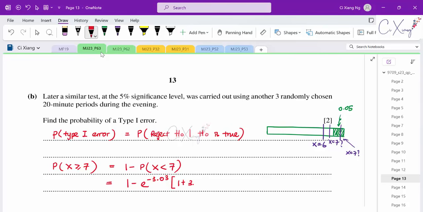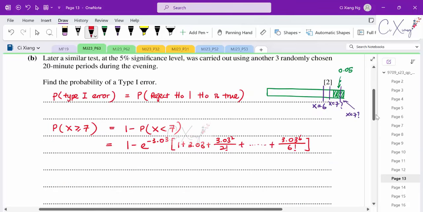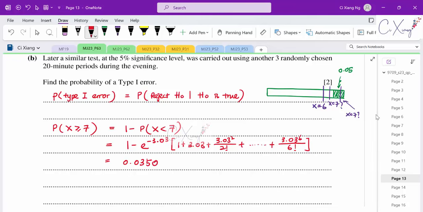So I'm having x equals to 0, x equals to 1, x equals to 2, then x equals to 3 until x equals to 6. Then if I find the probability by pressing the calculator, this should give you the answer 0.0350.